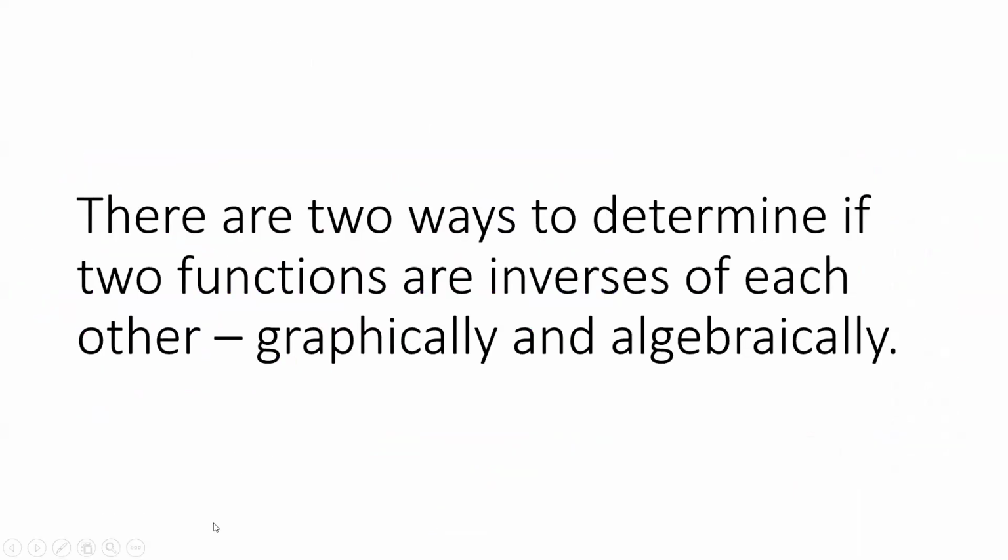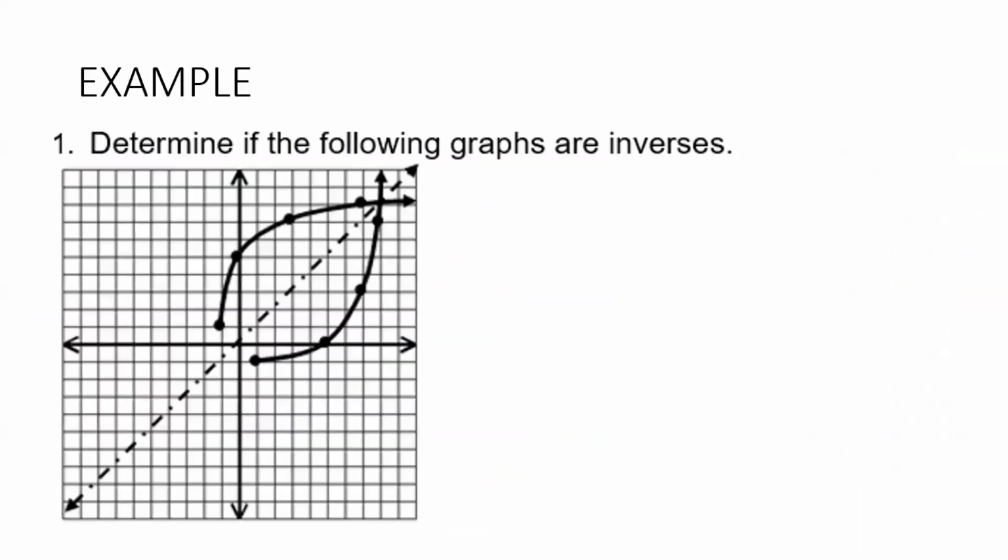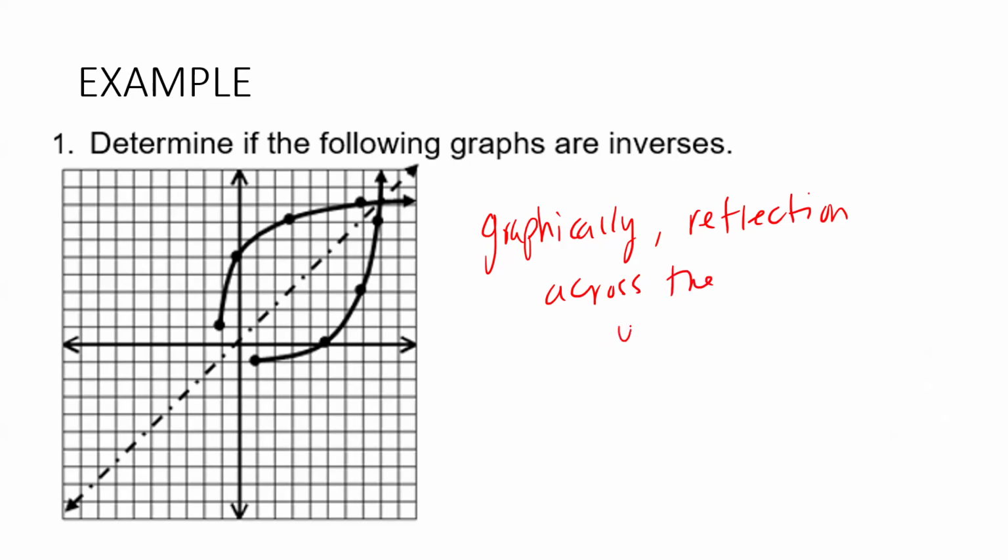There are two ways to determine if two functions are inverses of each other, graphically and algebraically. When you're looking at it graphically, you would graph both functions and see if they are reflections across the y equals x line.